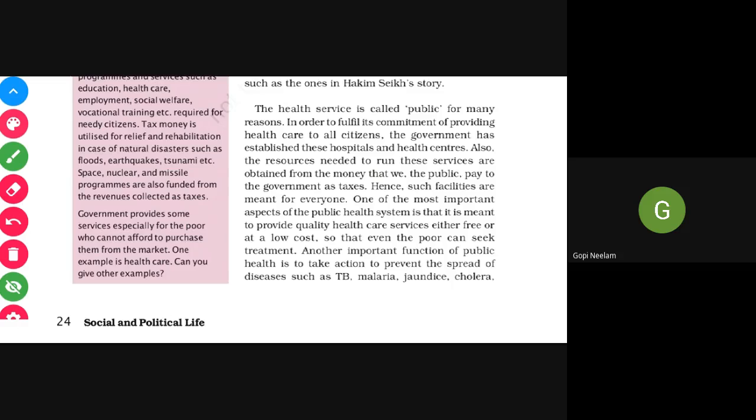So another important function of public healthcare is to take action to prevent the spread of diseases such as TB, malaria, jaundice, cholera. It is not only about giving treatment and some medicine when patients come to the hospital. There is another responsibility also, which is the prevention of the spread of diseases.